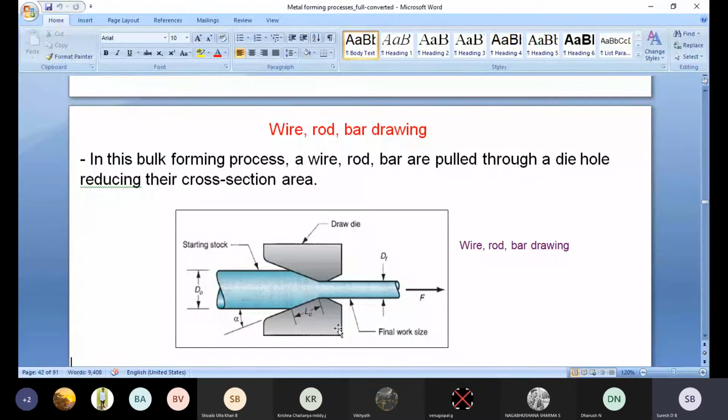That's why in the drawing process the die angle, or taper angle, is increased along the x direction. Along the y direction, the same angle is maintained.